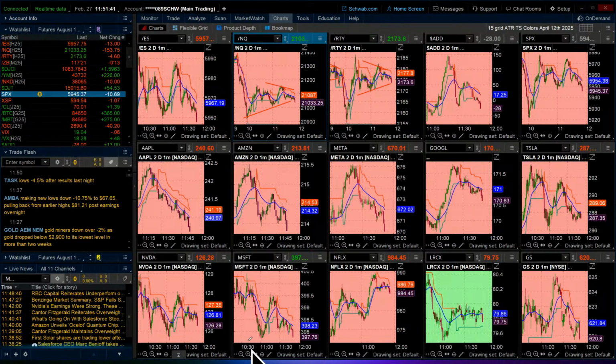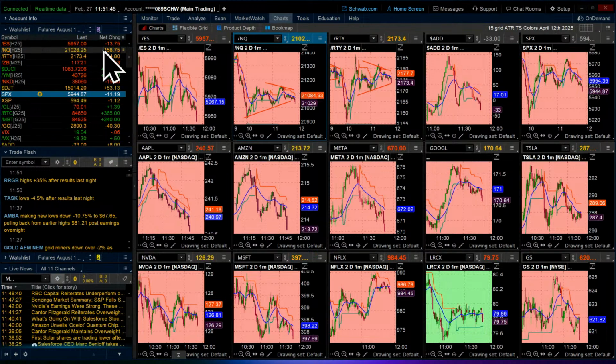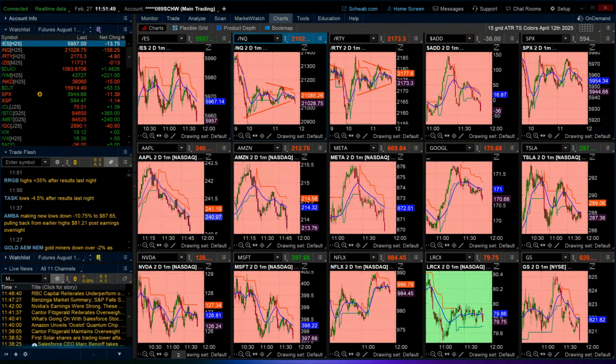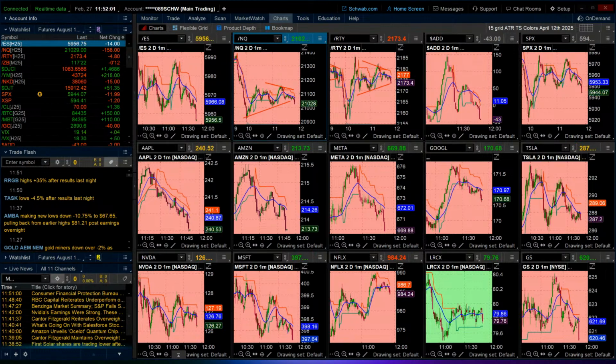If the Russell breaks, this is more likely to break to the downside. So I hope that makes sense for you. And I just showed you in real time what I thought. So I hope that helped.